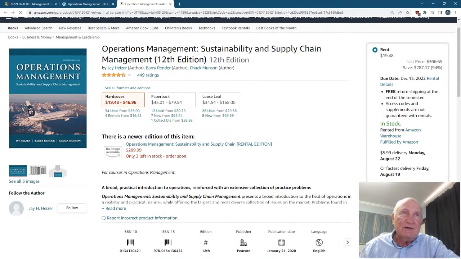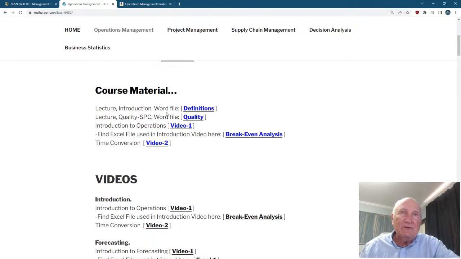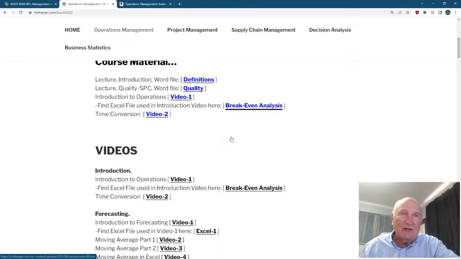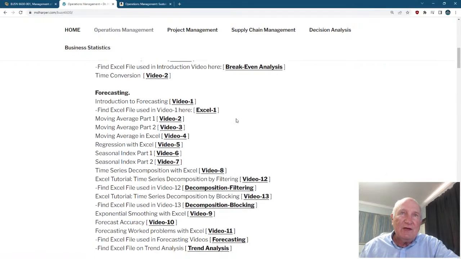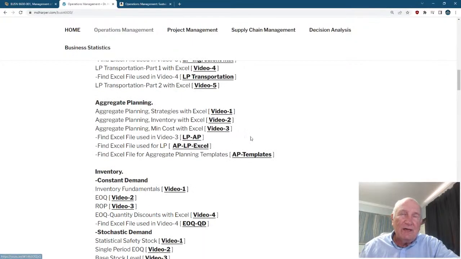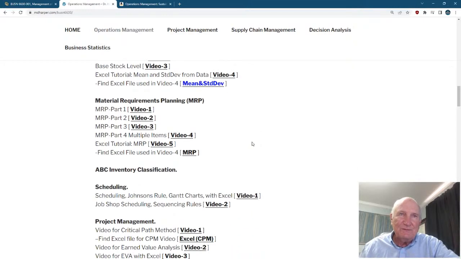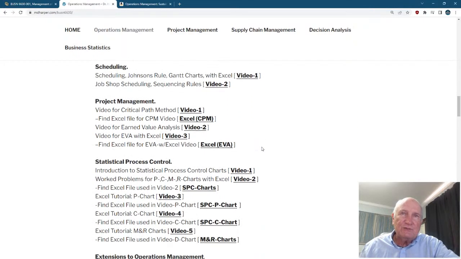If you want to purchase it, there's the textbook on Amazon. You can come down here. You'll have a Word file, video files, Excel files. All kinds of video files down here. It goes on and on. You'll have all kinds of help and resources, and that's what I mean by help and resources. A lot of resources to use.